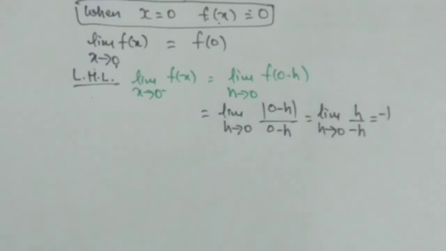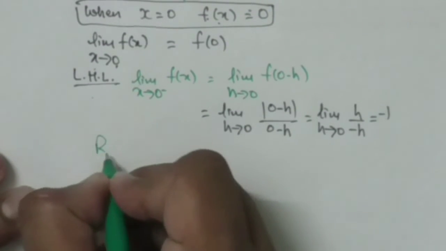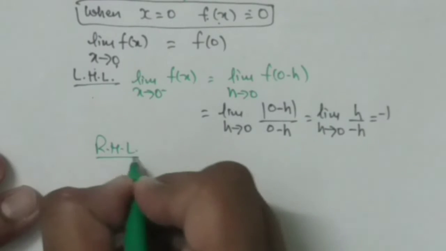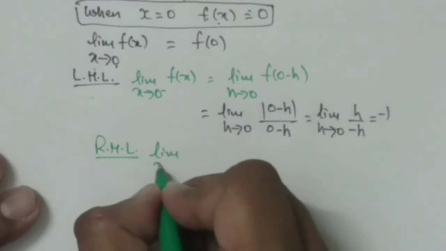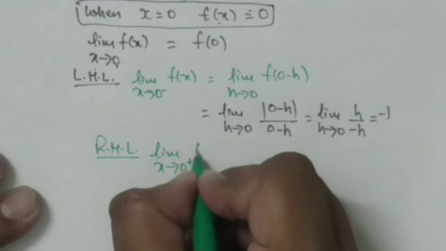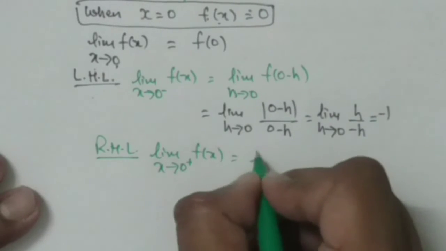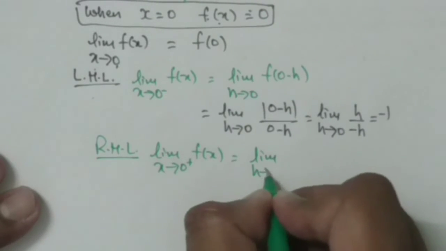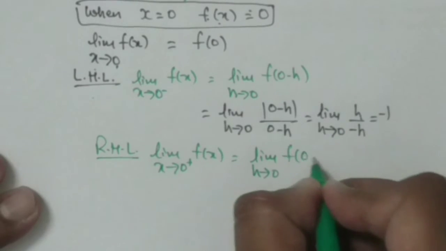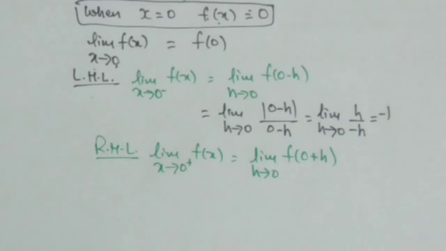Now let us consider right hand limit. So right hand limit is what? Limit x tends to 0 plus f(x), and it is equal to limit h tends to 0 f(0 plus h), right?